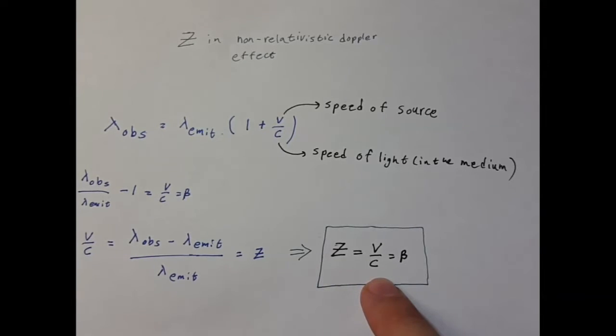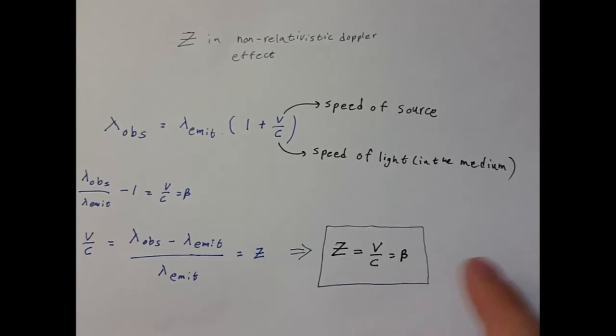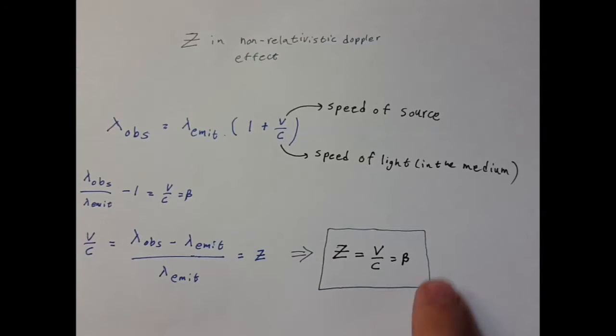If it was sound, it would have been the speed of sound, but we are dealing with light. The beta comes from the relativistic notation, which I prefer to use. That's why I wrote it down, but probably people don't use beta in cosmology that much.